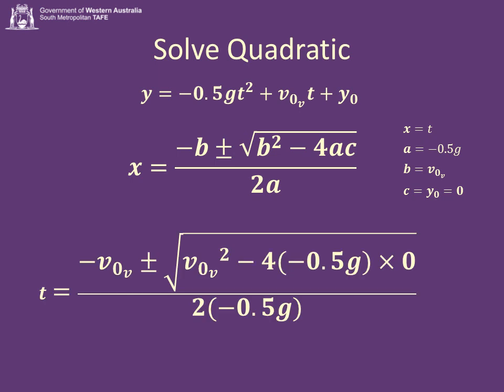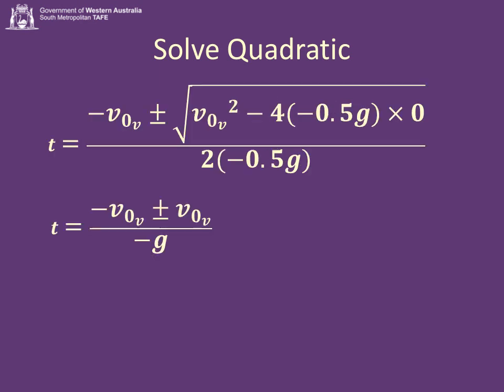Putting that into the magic equation and then solving, we end up with time t. This is the time that the shell is in the air. The time the shell is in the air is minus V0V plus or minus V0V all over minus g.